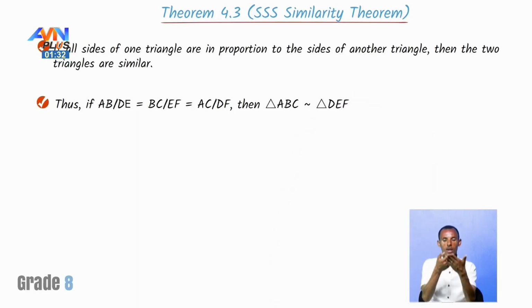Here we can see the ratio of three corresponding sides of a triangle. If this is true, then we can conclude that triangle ABC is similar to triangle DEF, okay?